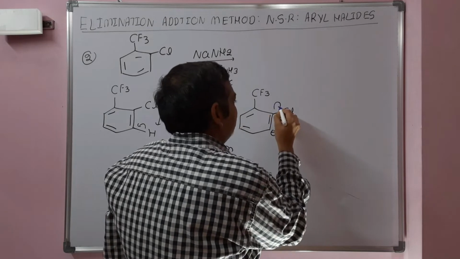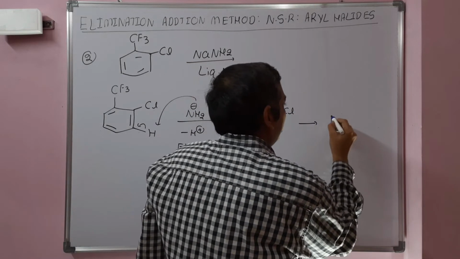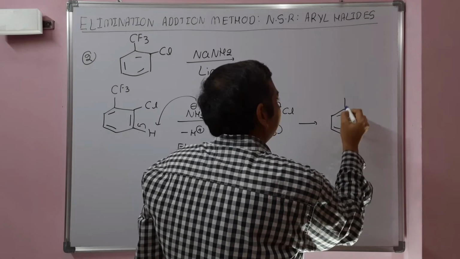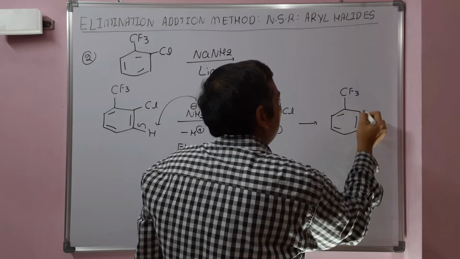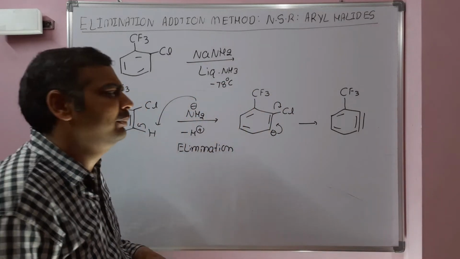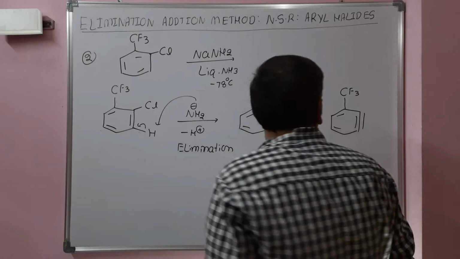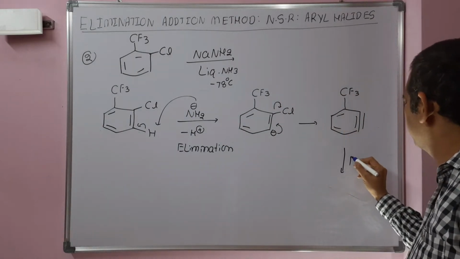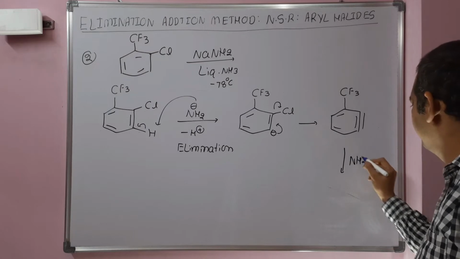The second step, expulsion of the leaving group, gives benzyne. This is benzyne, with CF3 here. This is unstable. Why? Because of deformation of the hexagonal ring. Since benzyne is unstable, it will react with NH2 minus.